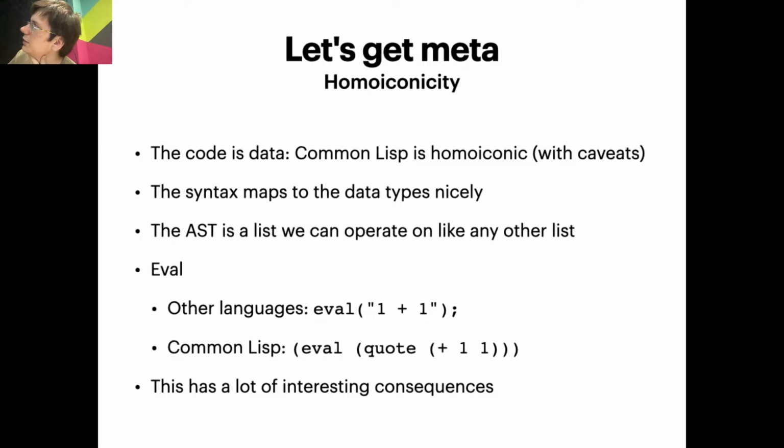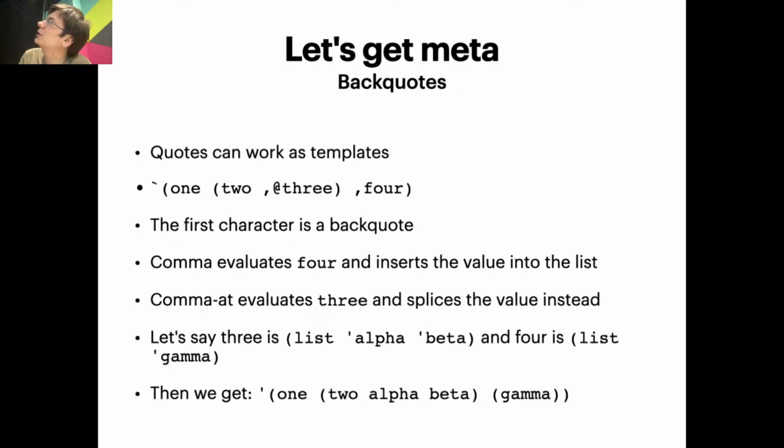So eval is our explicit evaluation form, and we can run our modified code that way directly, but we usually don't do that. Instead, we have these macro functions which operate on our forms in a more structured way.